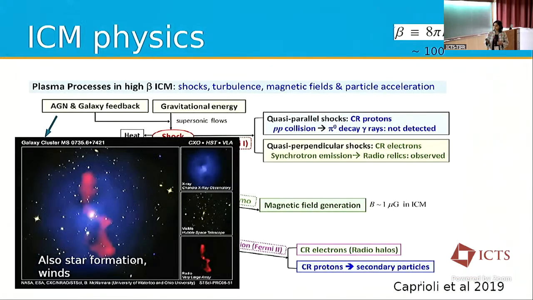AGN feedback is a more familiar phenomenon, where you have a radio galaxy at the center, and there's this blue X-ray emission, and it puts out jets and makes cavities and plays a role in heating the ICM.